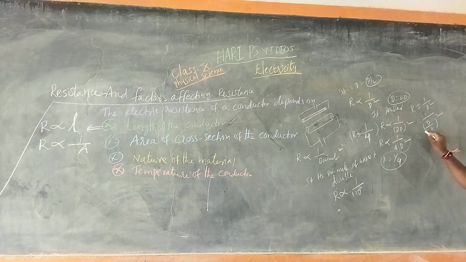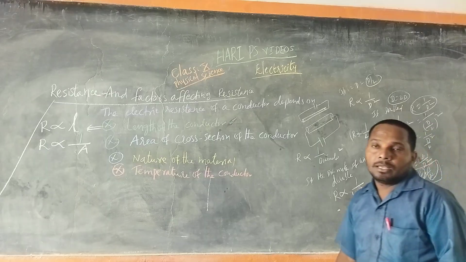That is equal to 1 by d square by 4. So R is equal to 4 by d square. So it is nothing but R is equal to 4 into 1 by d square in normal condition. If d is halved, then R becomes 4 times.